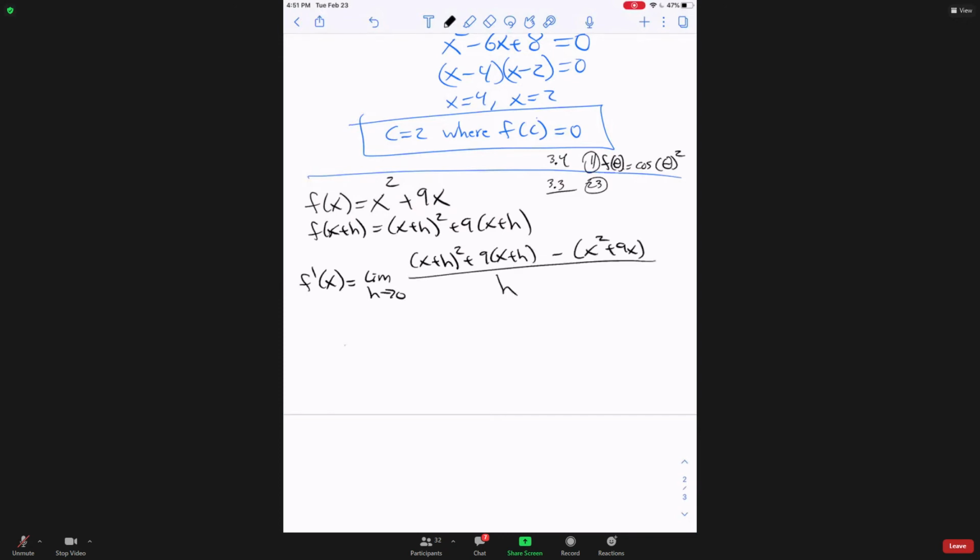Now we all know the answer is going to be 2x plus 9, right? Because we know how to do the derivative quickly. The question is, I don't want to get lost in the work here and then boom, 2x plus 9 appears. That doesn't mean you cheated. You knew what the answer is because hopefully you do, but you're still not going to get credit for it because it has to make sense.